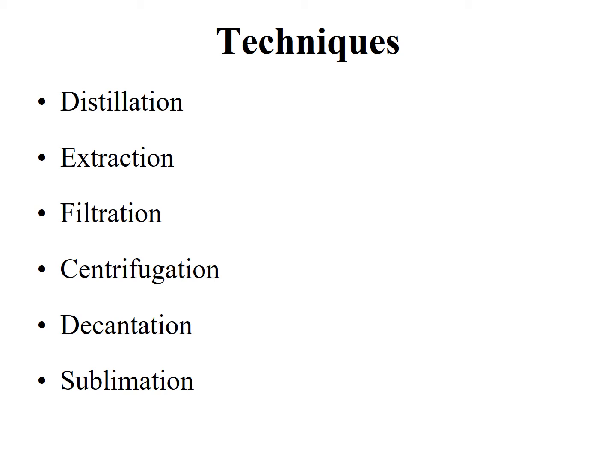In this case, the separation is based on the difference in boiling point. For instance, alcoholic drinks are a mixture of alcohol and water, so you separate them based on the difference in boiling point of ethanol, which is the alcohol component, and water.